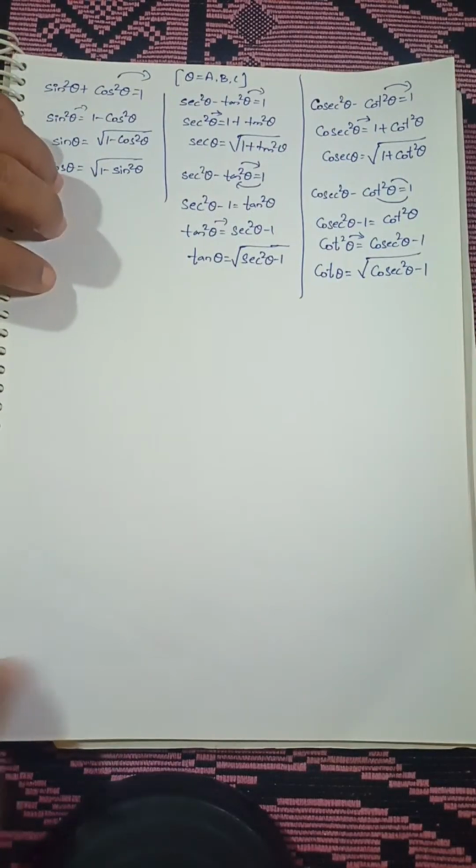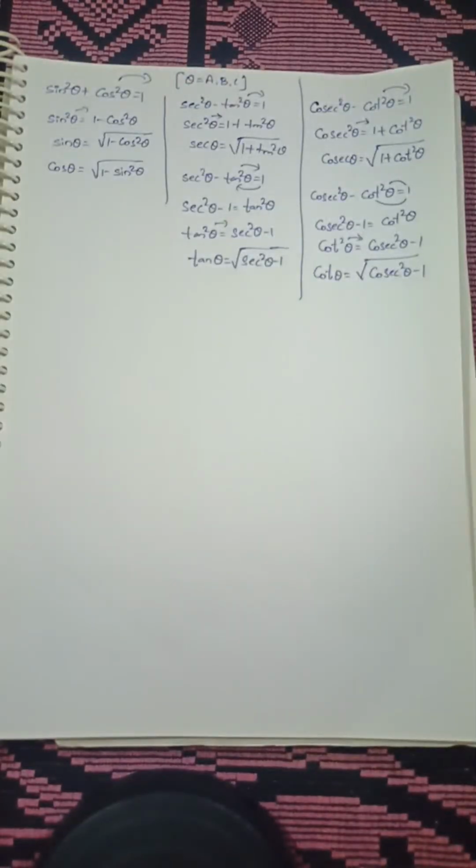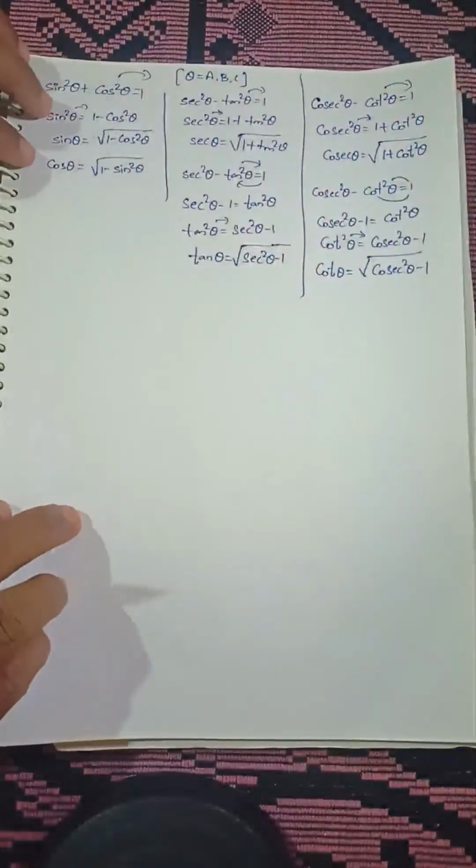So Aditya, you are asking, you want to write all the three identities?